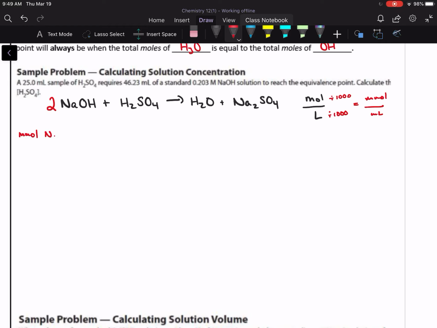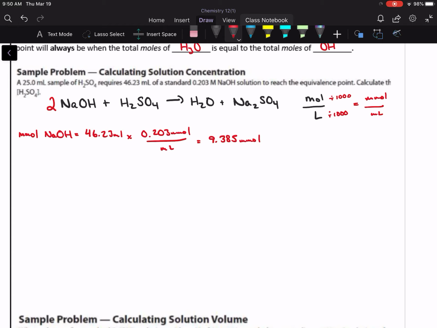So millimoles of sodium hydroxide is going to equal the volume, which was 46.23 mL, multiplied by the concentration. I'm going to write the concentration in millimoles per milliliter so that I don't have to be converting my volume to liters every time. Okay, so that's going to work out to being 9.385 millimoles of sodium hydroxide.